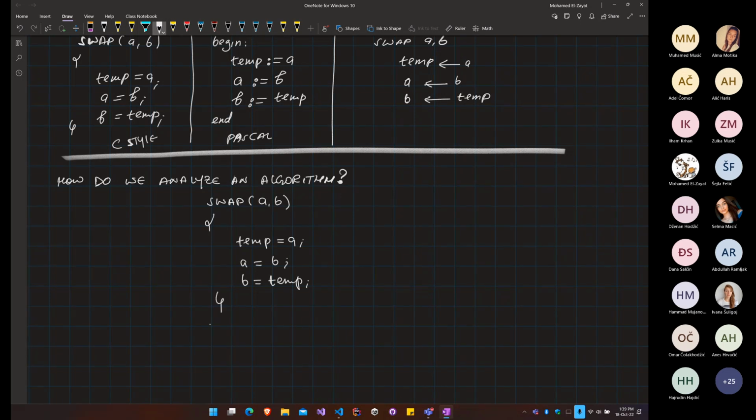Okay, and then end of the story here. So let's talk about the time analysis right here. And here is the, let me write it in red, space analysis.